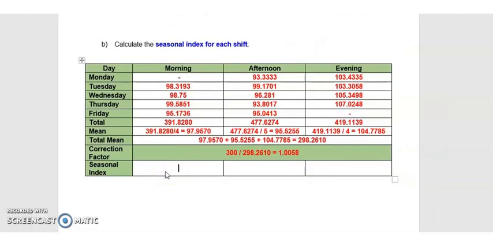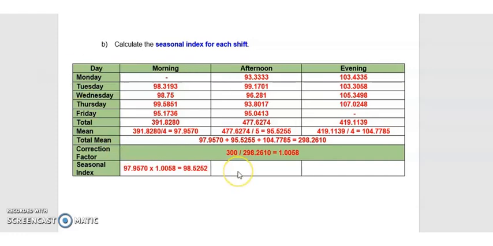So the seasonal index for the morning shift will be the mean multiplied by the correction factor 1.0058, equivalent to 98.5252. Same step for the afternoon and evening shift. How to calculate the seasonal index? Mean multiplied by correction factor. Okay, so here you get the seasonal index for each shift.